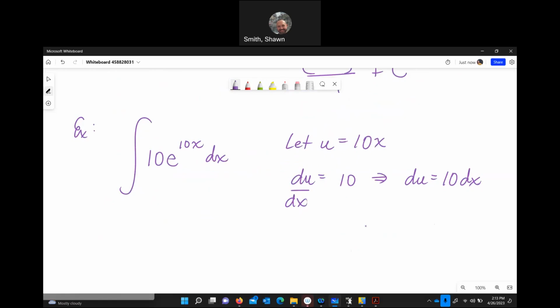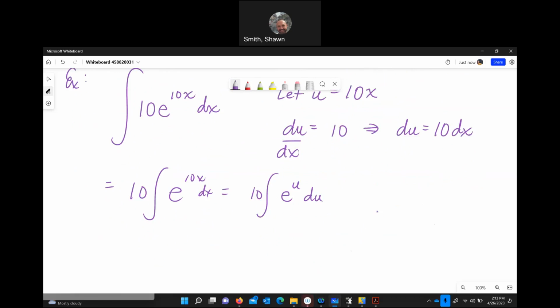So now this can be written as 10 times the integral of e to the 10x, which by substitution is 10 times e to the u du. And notice the 10 dx is my du right here. There's 10 dx, that's du, right?